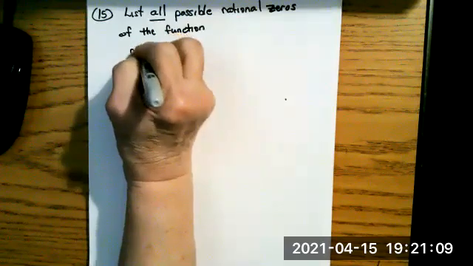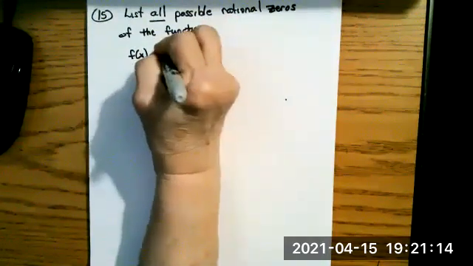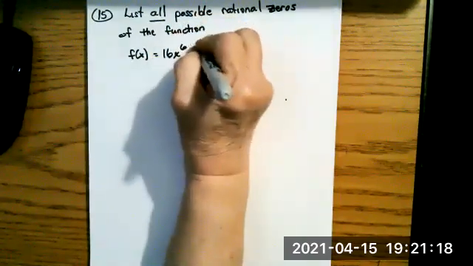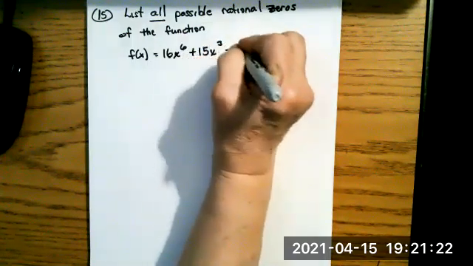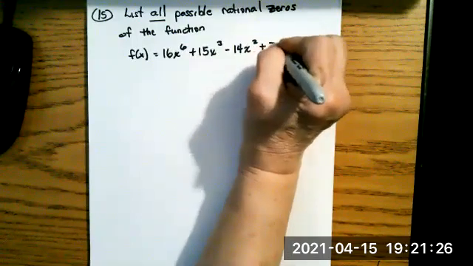So you have f of x equals 16x to the 6th plus 15x to the 3rd minus 14x to the 2nd plus 7x plus 5.